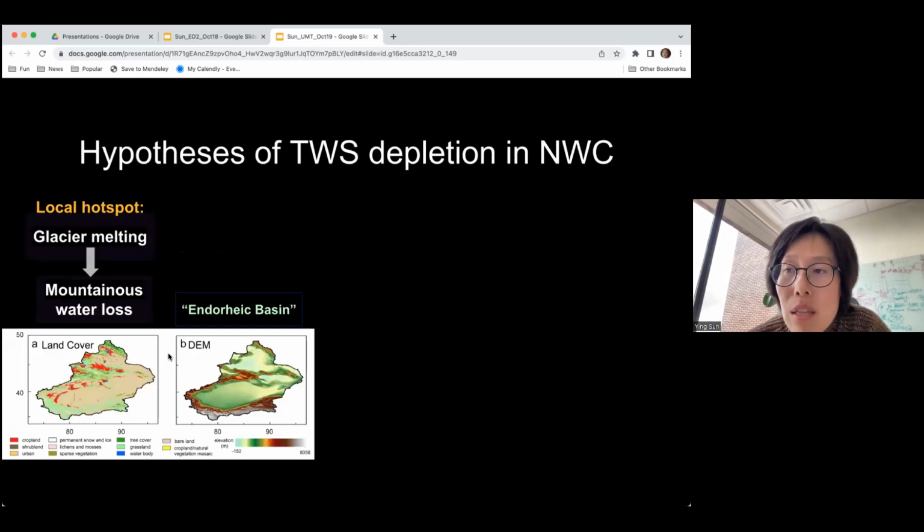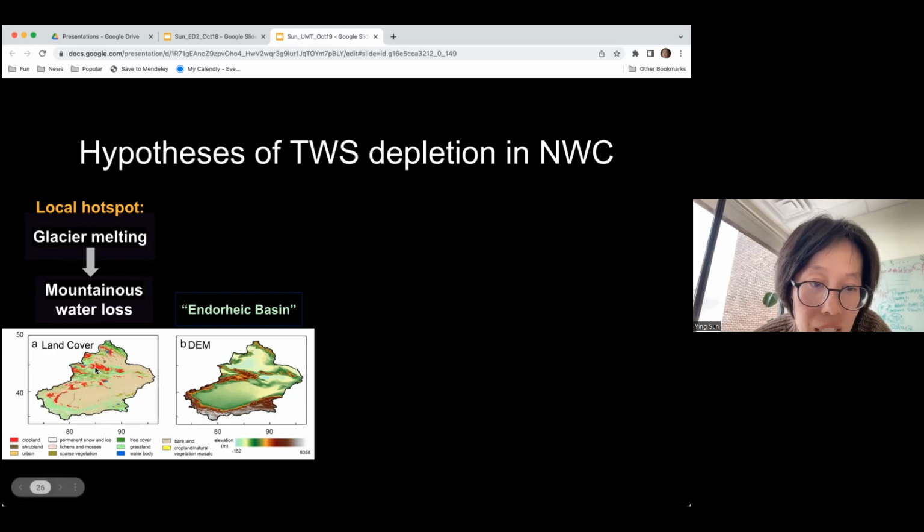So right now, the mechanism is under debate. There are a couple of hypotheses. Number one is that the glacier melting is the major cause for the regional scale water depletion. When you look at this land cover map, the red is the cropland, and this is a digital elevation model.